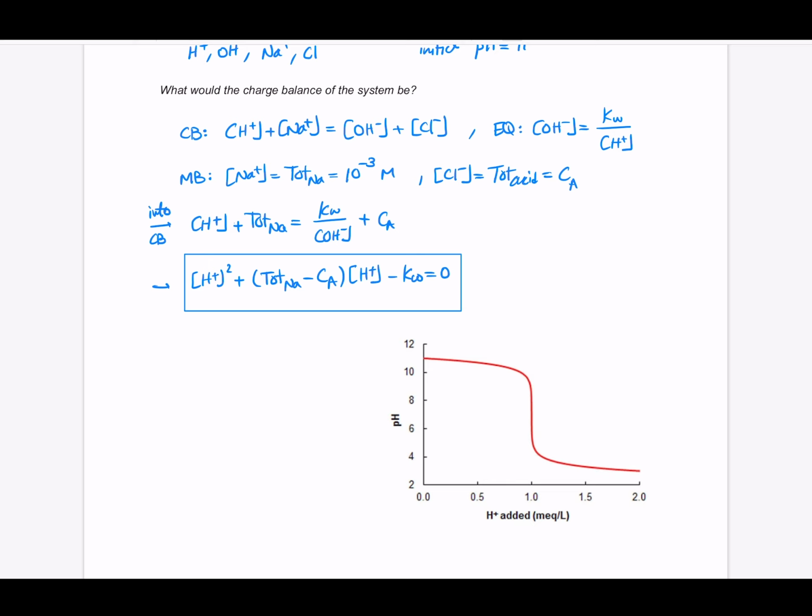So we're mathematically deriving an equation that can describe the titration profile.